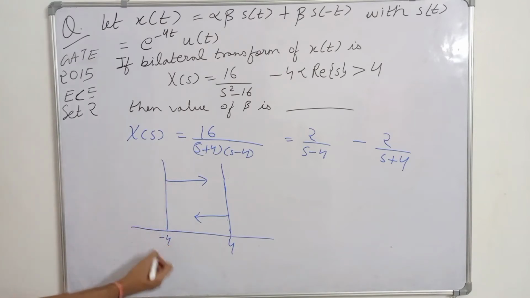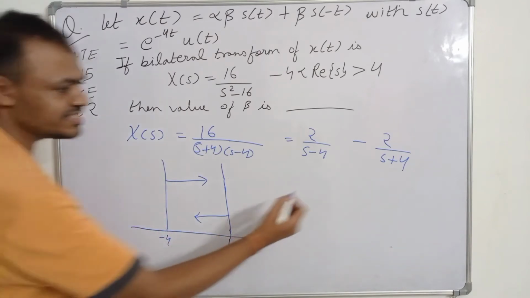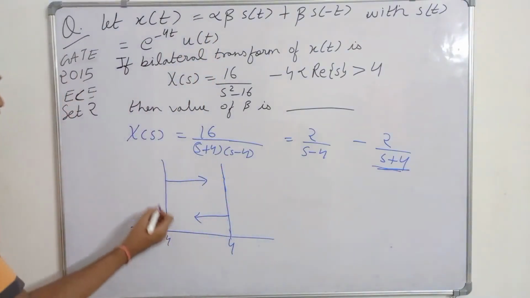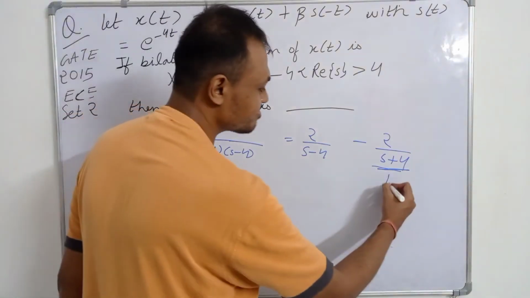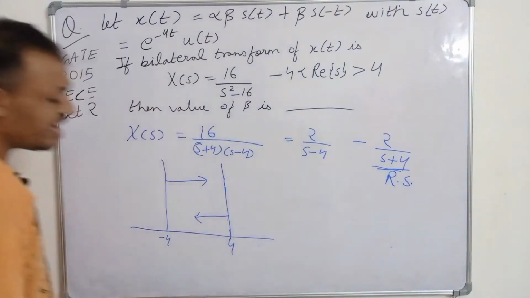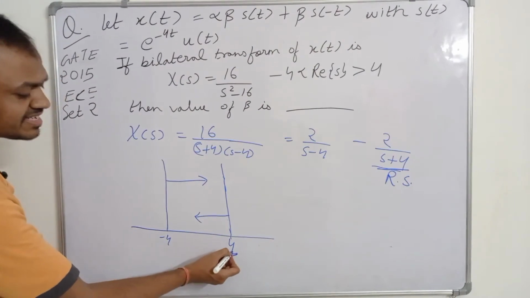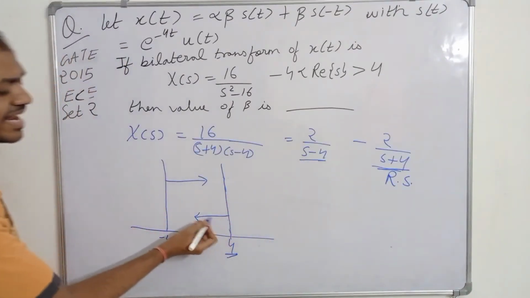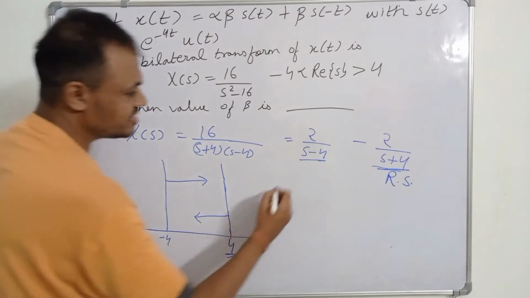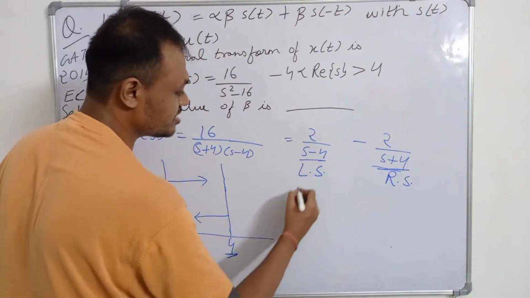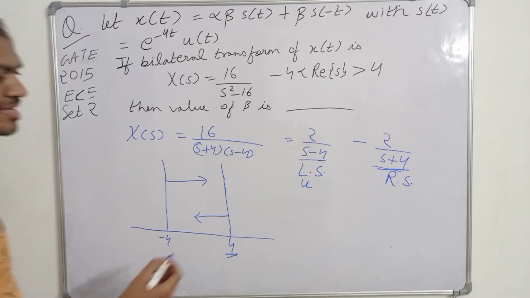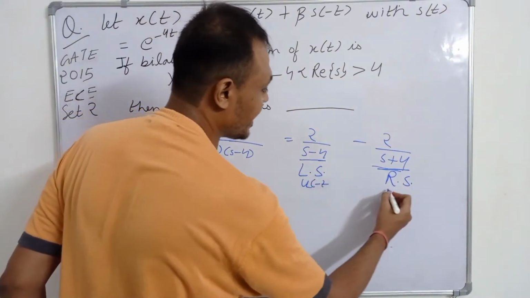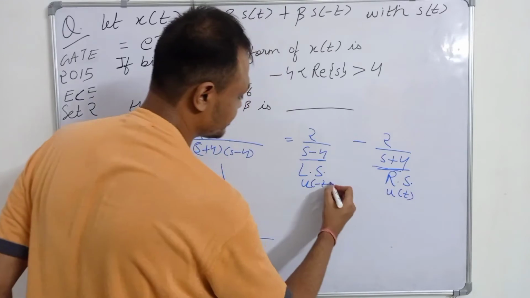The signal with the pole at minus 4 must be a right-sided signal because its ROC is in the right direction. And the signal with the pole at 4 must be a left-sided signal because its ROC is like this. A left-sided signal is represented by u of minus t, and a right-sided signal is represented by u of t.